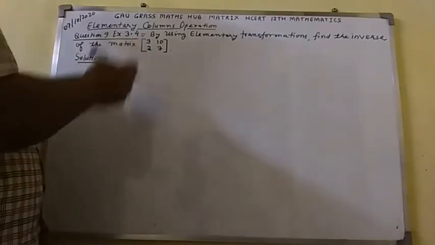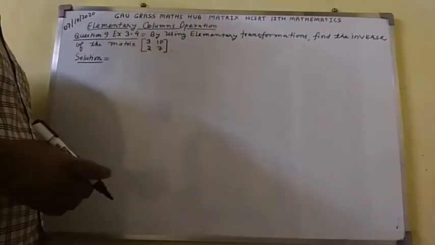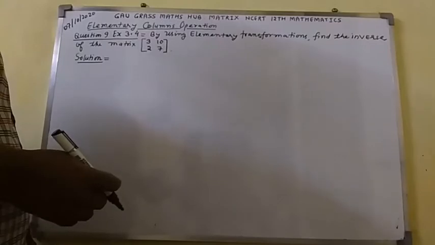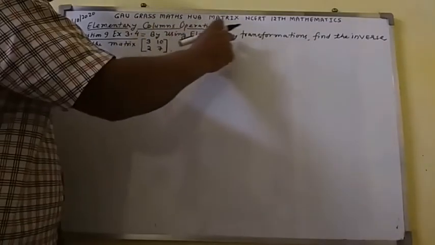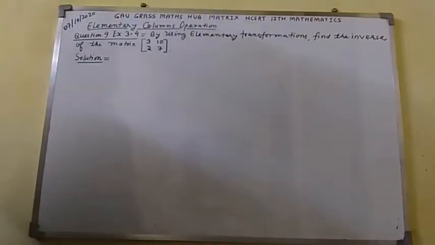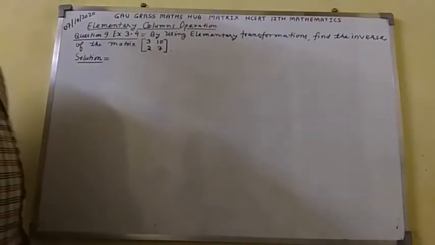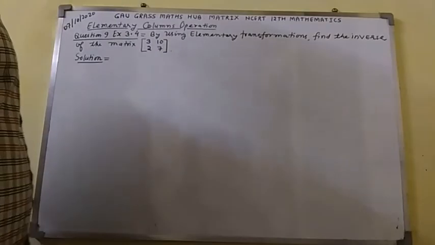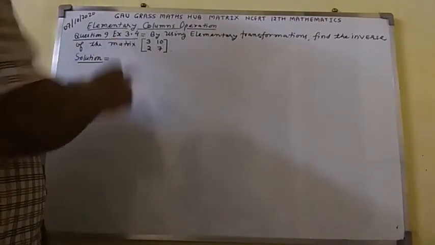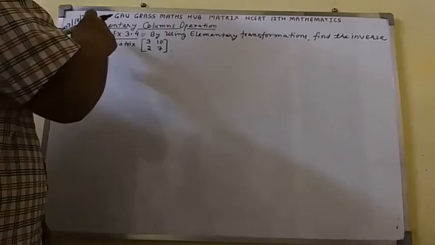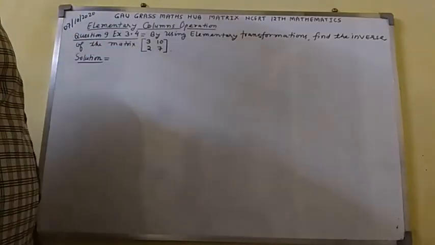Here this is the matrix of which you have to find the inverse by using the elementary transformation method. Yesterday I explained how to get the value of the inverse by using elementary row operations.